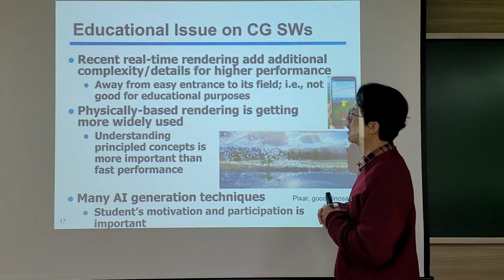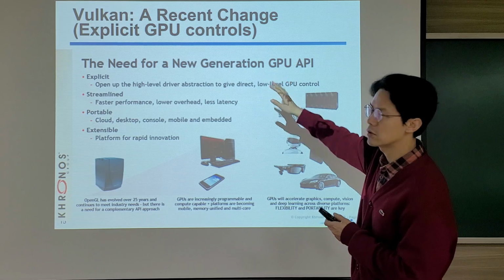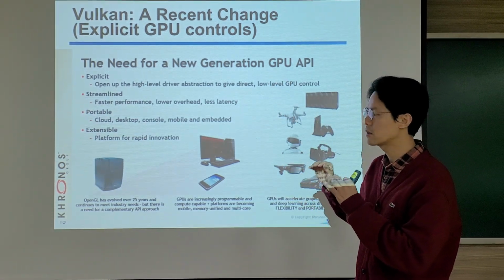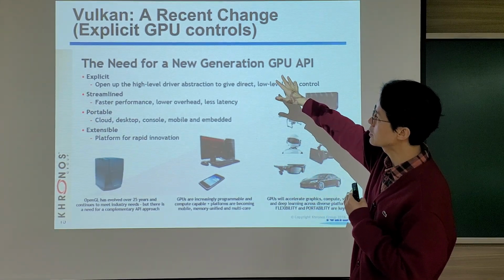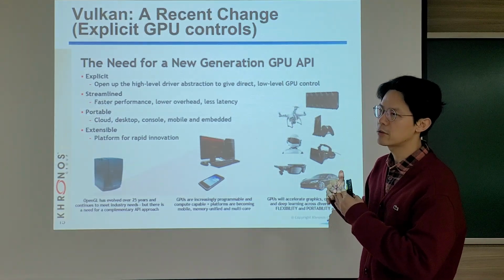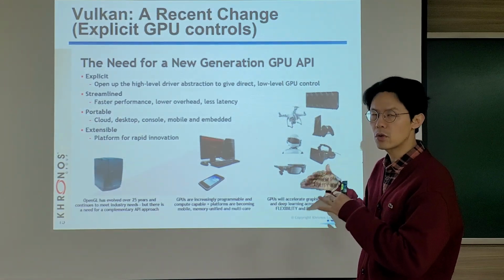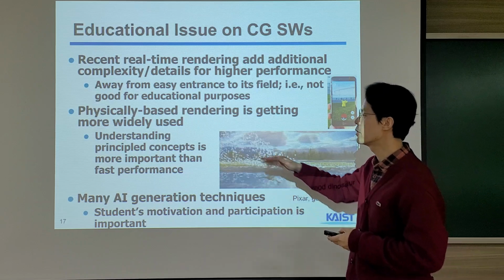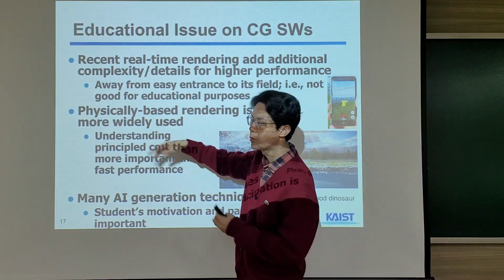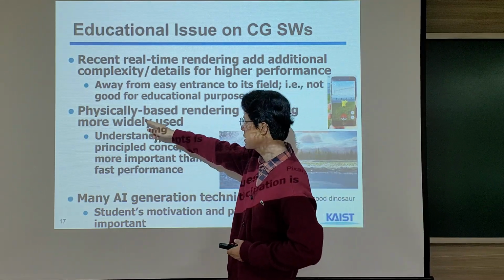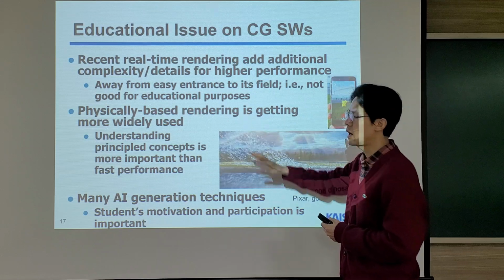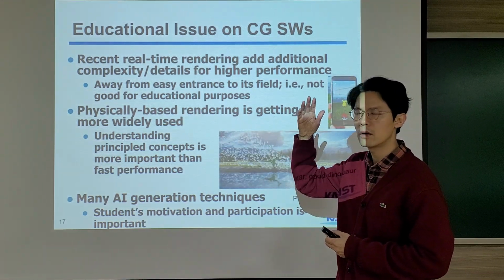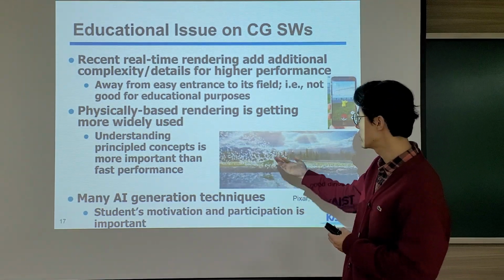This kind of API assumes a very fast rendering pipeline, which we'll talk about in the class. But recent work is also moving toward higher quality rendering like physically based rendering, which is commonly used for creating very high quality movies.